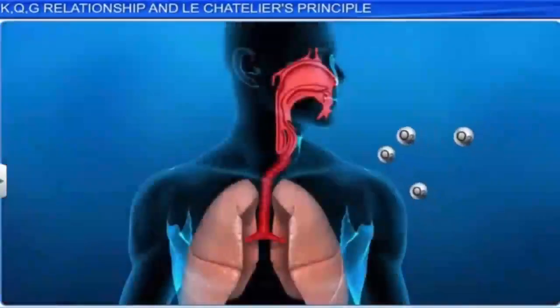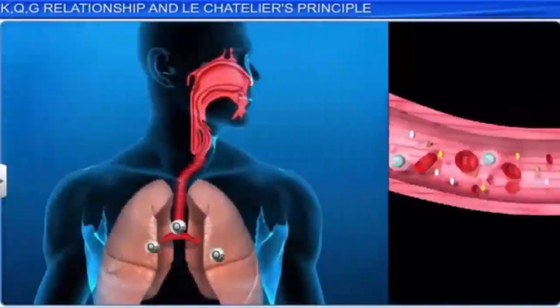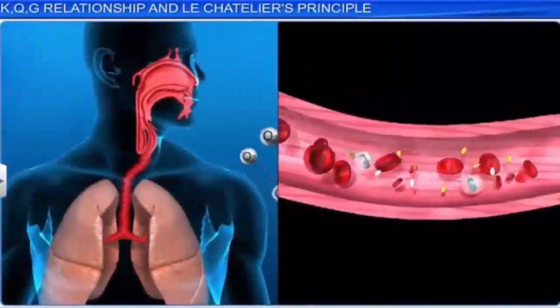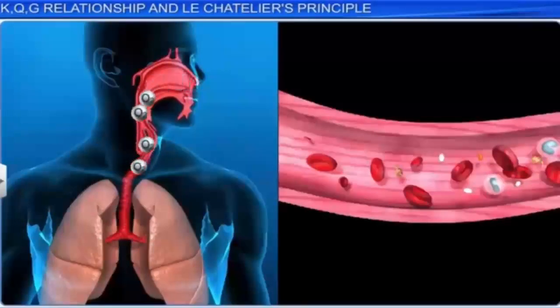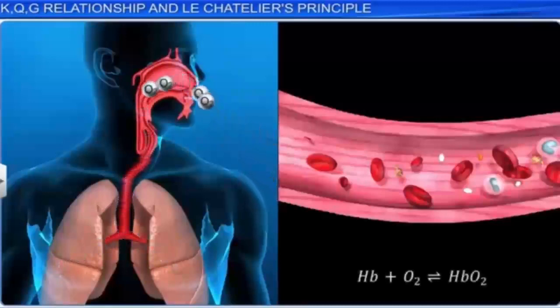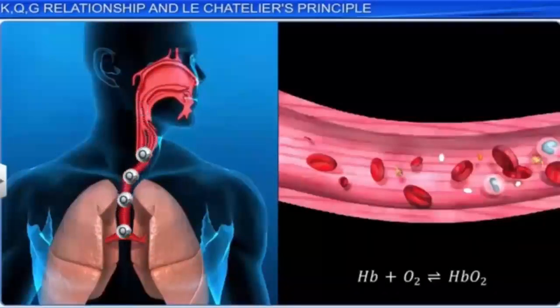When human beings or animals inhale oxygen from the atmosphere, it combines with hemoglobin in the blood and forms oxyhemoglobin. Equilibrium exists between oxygen and hemoglobin, which can be represented as Hb plus O2 in equilibrium with HbO2, where Hb stands for hemoglobin.